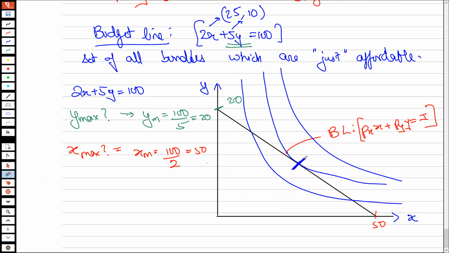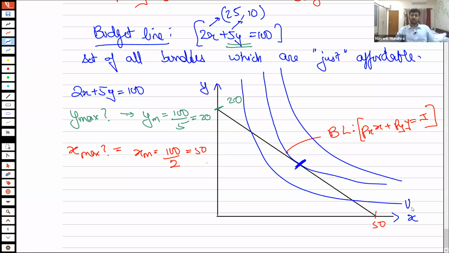So now the point which is affordable and at the highest utility will be this point which is tangent. Okay, so this is, let's say, utility U1, this is, let's say, utility U2, this is, let's say, utility U3, such that U3 is greater than U2 is greater than U1.